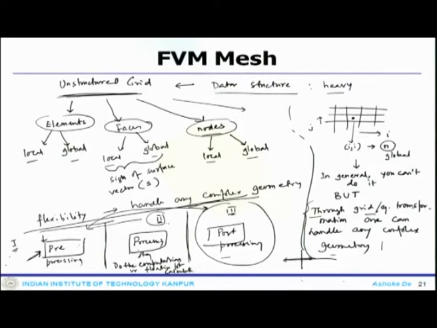Now coming back to our discussion, when we are talking about grid and all these things, this is where we are at the pre-processing stage, and whenever we are talking about the numerics, that is something not completely processing stage, but it is the backbone of the processing stage.